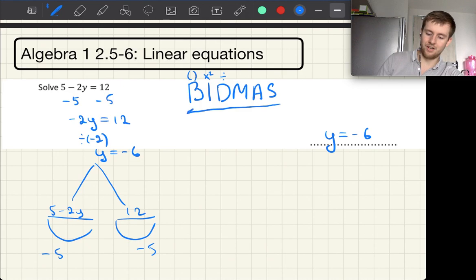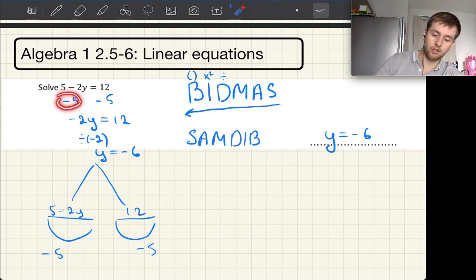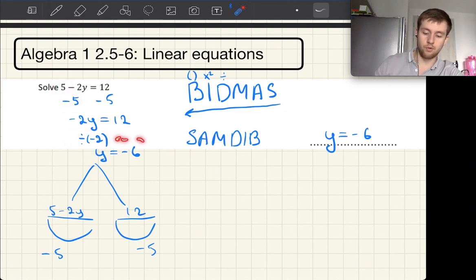One of the students told me that we probably should call it SAMDIP. I guess why not, right? So we follow SAMDIP. We start with subtraction and addition, then we get to multiplication and division.